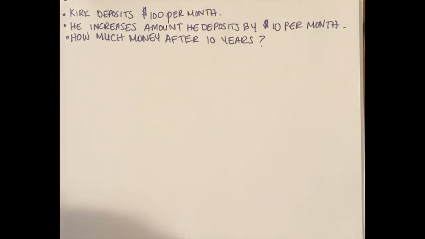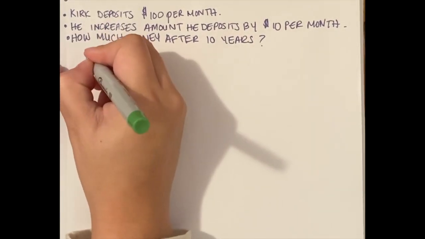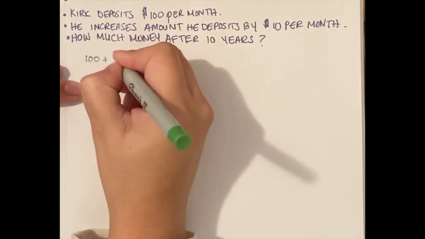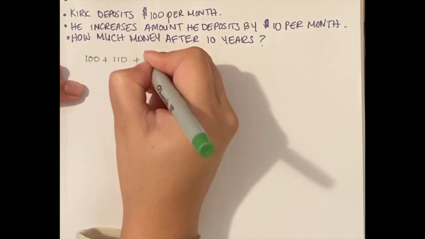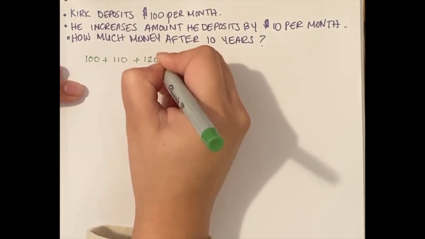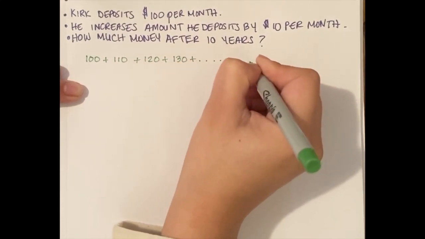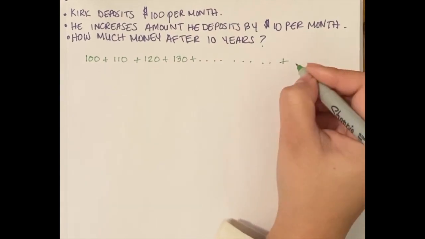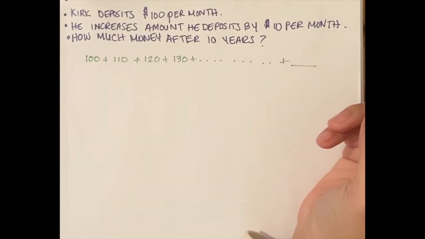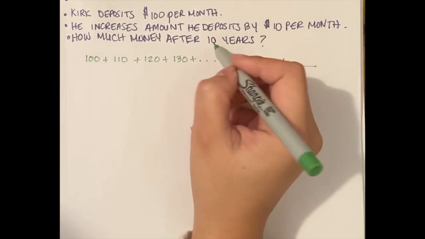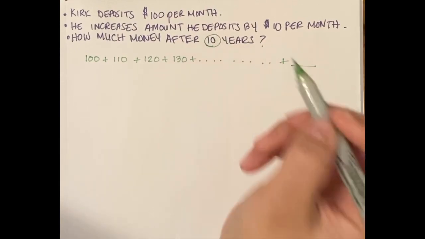So let's start this sequence, right? He starts by putting in 100. Then he puts in 110. Then he puts in 120. Then he puts in 130. All the way, right? To something else. They want to know how much money is he putting in after 10 years.